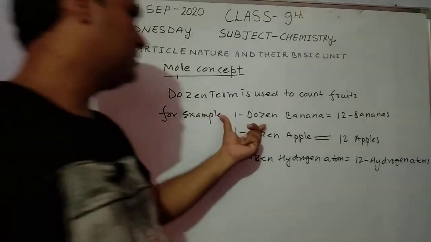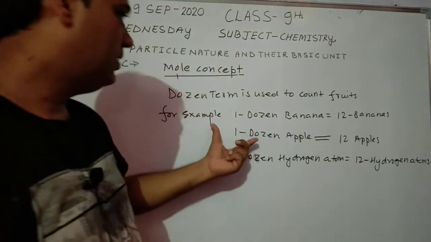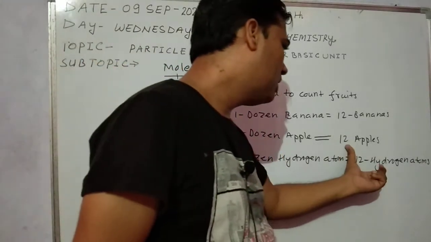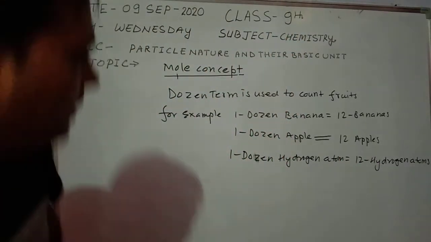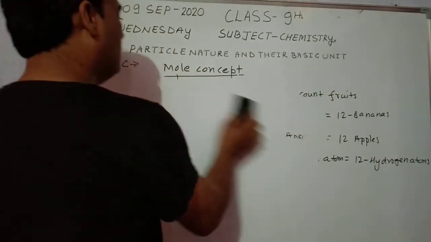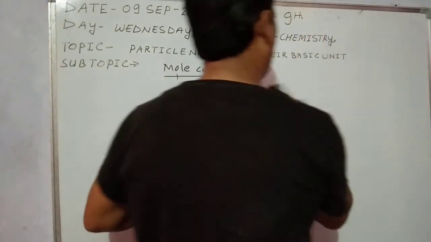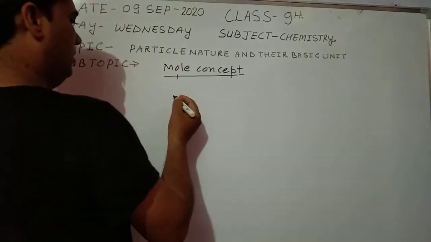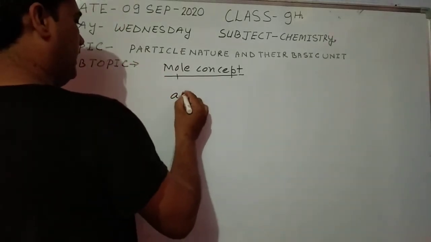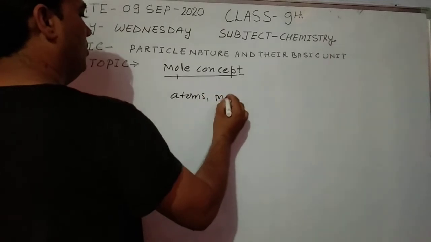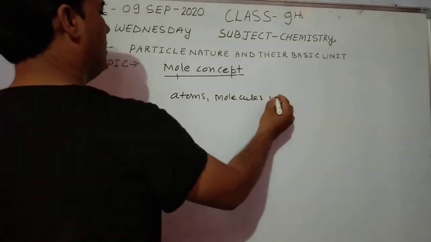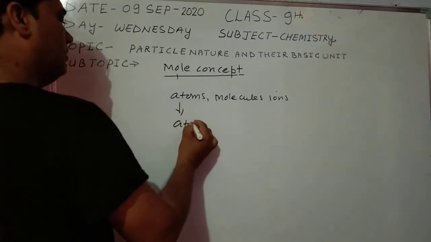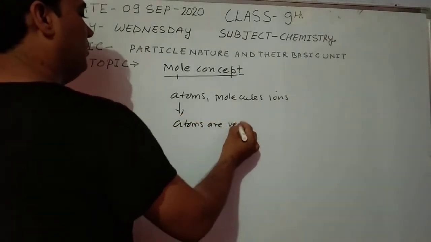For example, 1 dozen bananas is equal to 12 bananas, 1 dozen apples is equal to 12 apples, 1 dozen hydrogen atoms is equal to 12 hydrogen atoms. So the dozen term is not used in case of atoms, molecules, ions and subatomic particles, because atoms are very small.